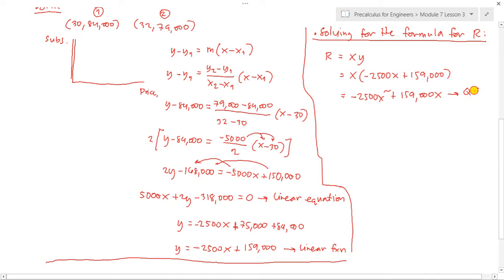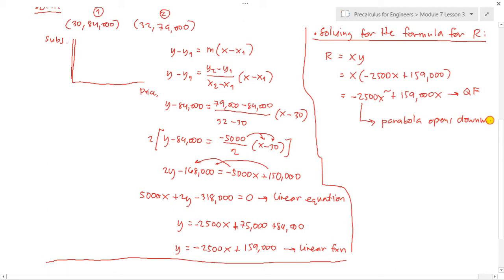So let us look at the behavior of this. Since we have a negative sign on the leading term, this is a parabola, a quadratic that opens downward.